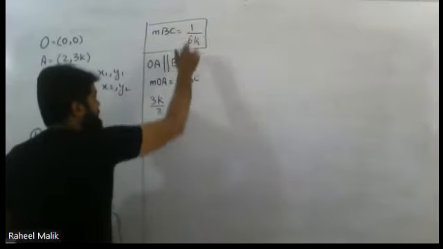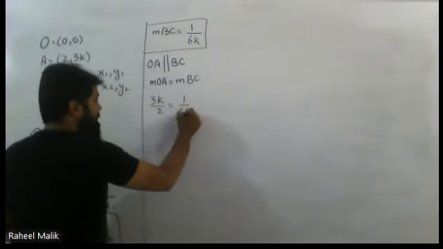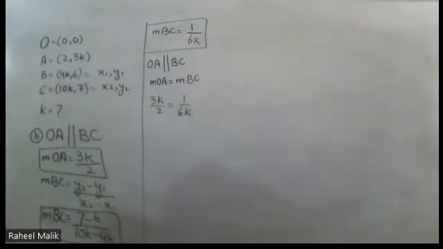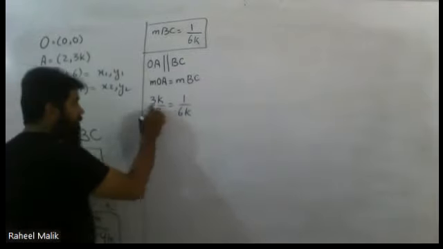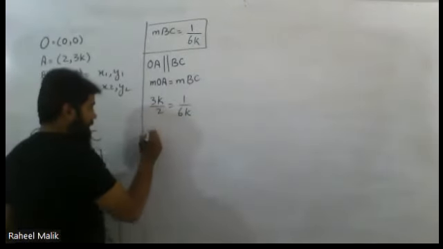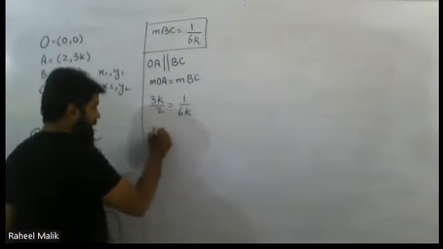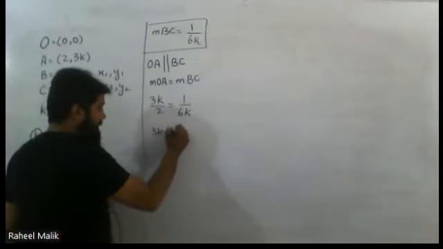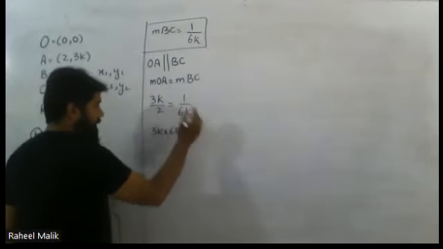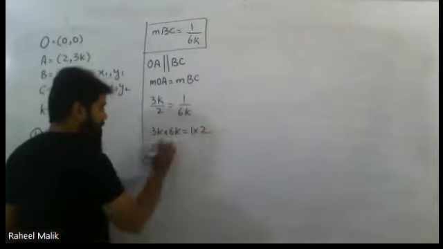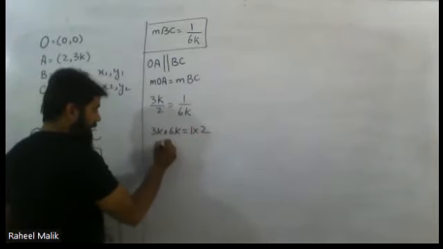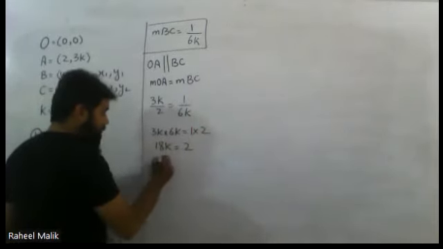Gradient of BC is 1 over 6k. Okay? Cross multiplying, 3k into 6k equals 1 into 2. This will become 18k square equals 2.